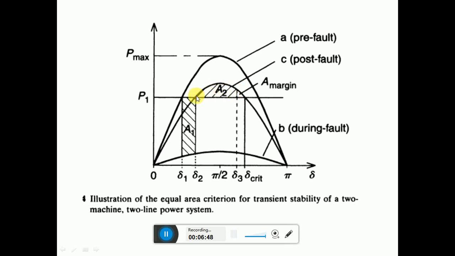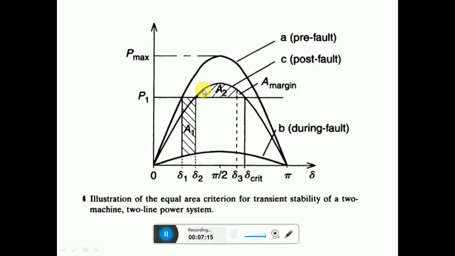So at this point, as delta increases, electrical power will also increase. And why is delta increasing? Delta is increasing due to the accelerating power, which I already told you in the previous class.